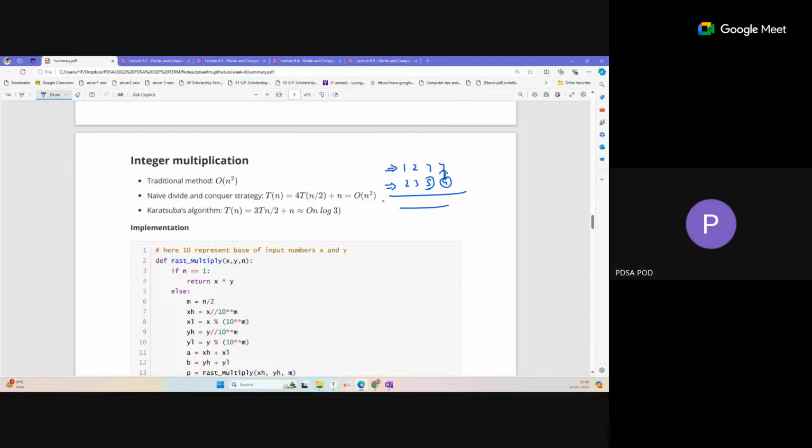After that you take the next digit, multiply with the remaining digits, and put that here, shifted over. Then after that you sum all, and you get the multiplication. So if the length of one number is n and the other is also n, you are getting complexity n square for this process.